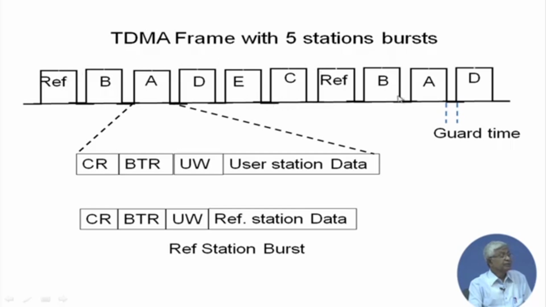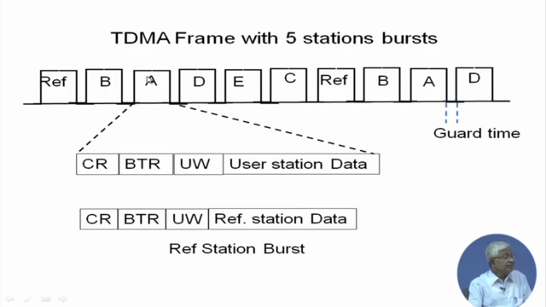This is being repeated, and each individual burst is having certain guard, that is guard time here. It depends on the jitter of the bursts from each station, their clock jitter.